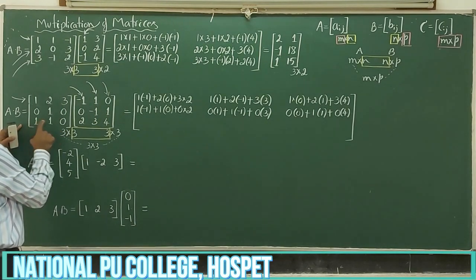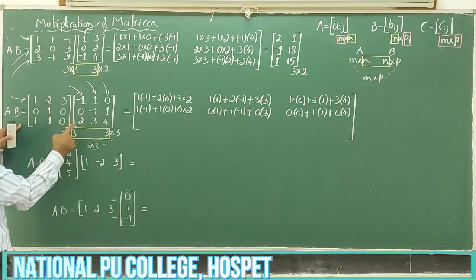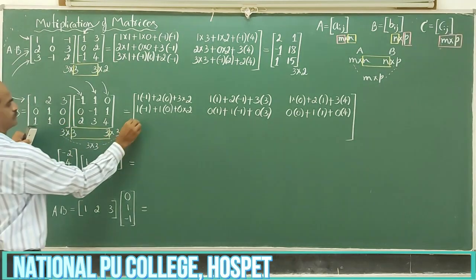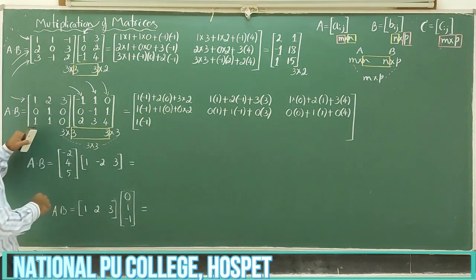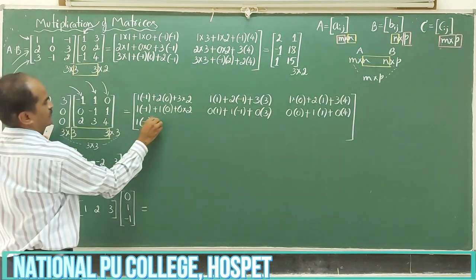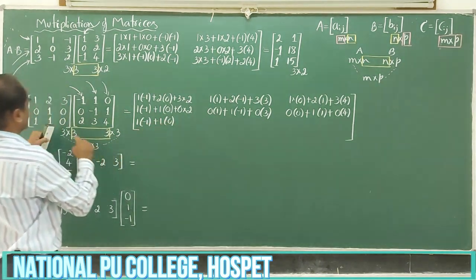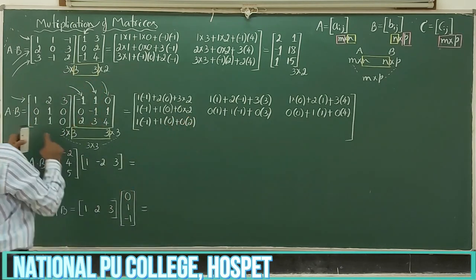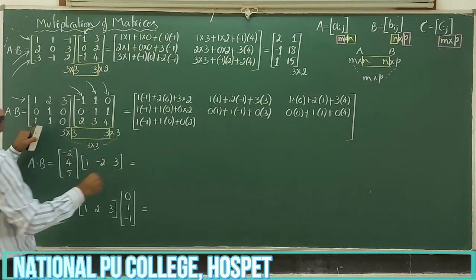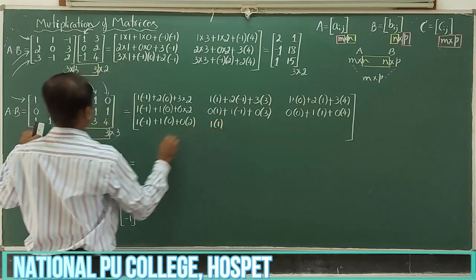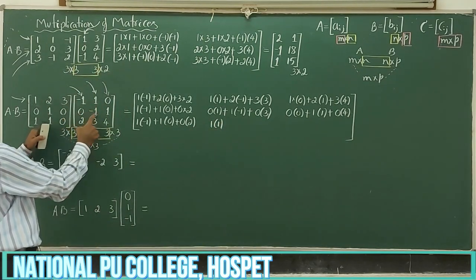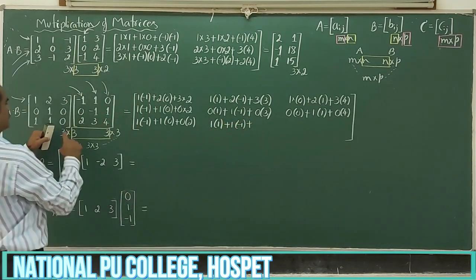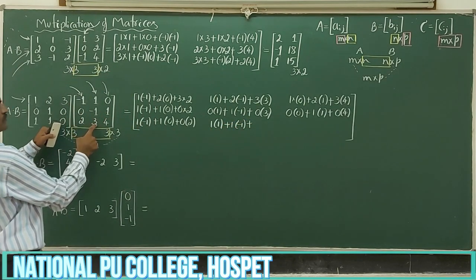Now third row, first column. 1, minus 1; 1, 0; 0, 2. 1 into minus 1 plus 1 into 0 plus 0 into 2. Third row, second column: 1 into 1 plus 1 into minus 1 plus 0 into 3.